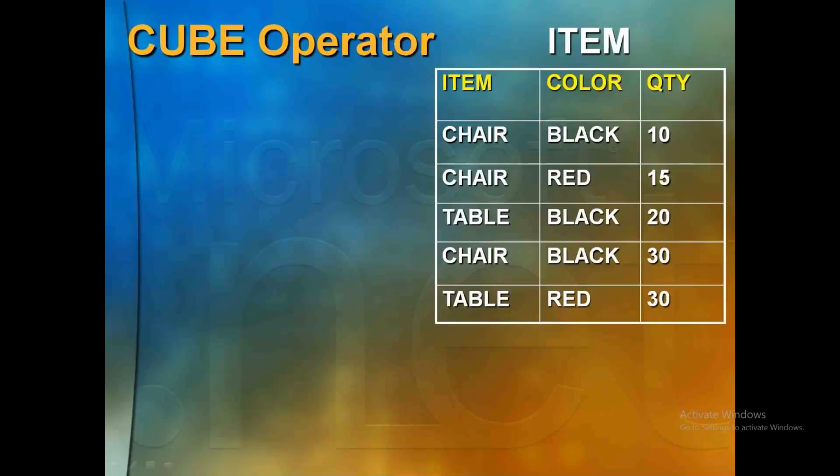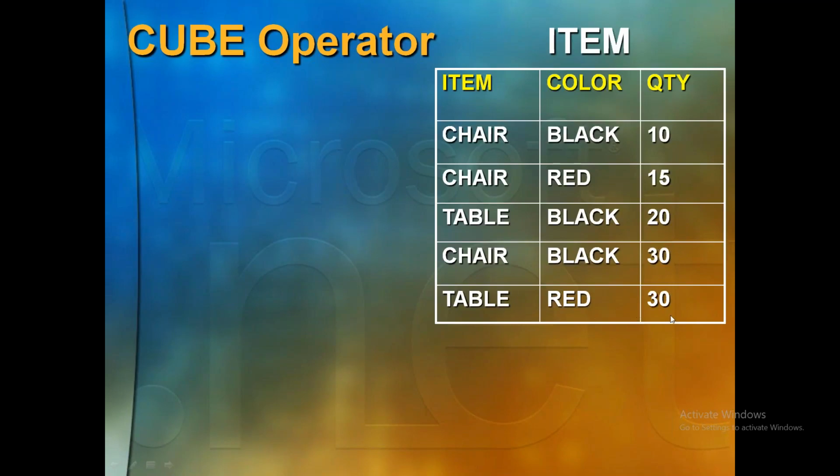So now let us understand, a company is having a lot of chairs. These guys are selling these many chairs. Black color chairs, they sold 10 quantity. Chair red color, they sold 15 quantity. Table black color, they sold 20. And chair black color, they sold 30 quantity.